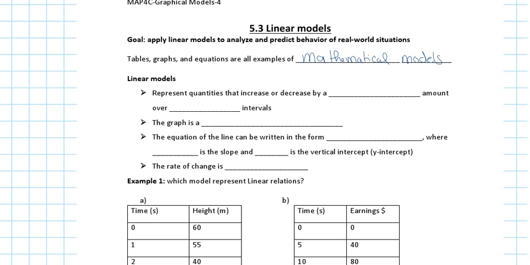Okay? So let's say I'm going to pay you $10 per hour, right? If you work 1 hour, you get $10. If you work 2 hours, you get $20. If you work 3 hours, you get $30. So that's a constant amount that I'm adding for every single time I increase by 1. Right?